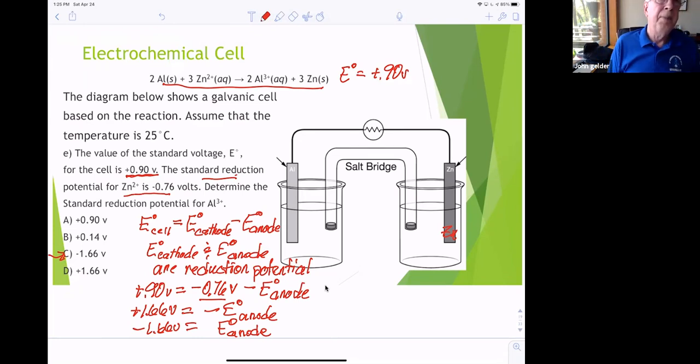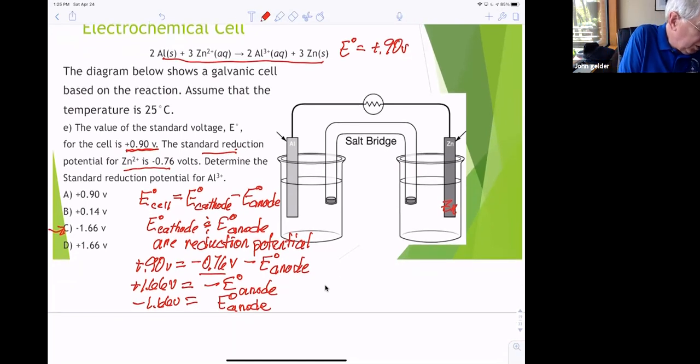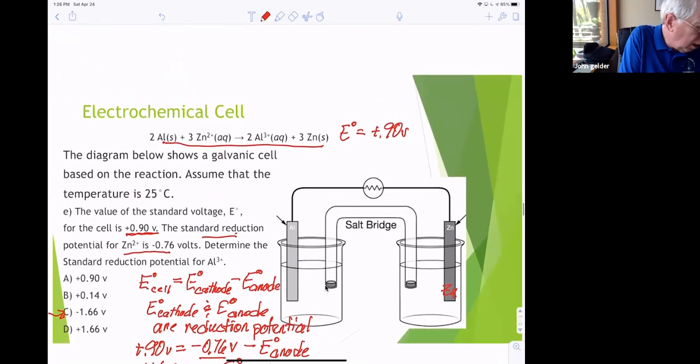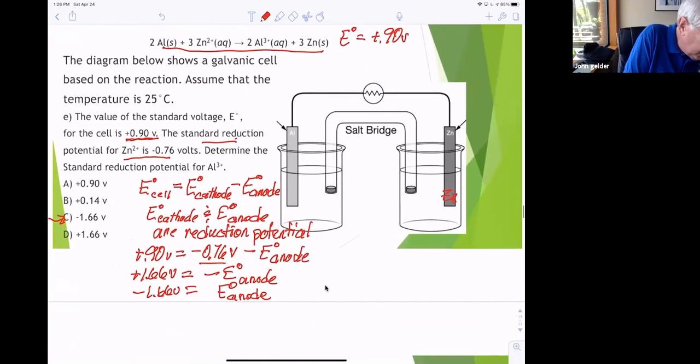So this is a tough question because we have to be careful. If we approach this problem like in a lot of other cases, we look at this reaction as involving the oxidation of aluminum, losing 3 electrons, and the reduction of zinc 2 plus plus 2 electrons going to zinc, which is minus 0.76 volts.